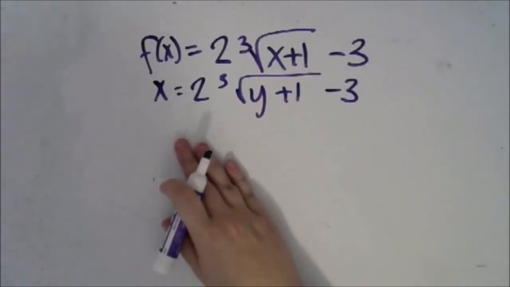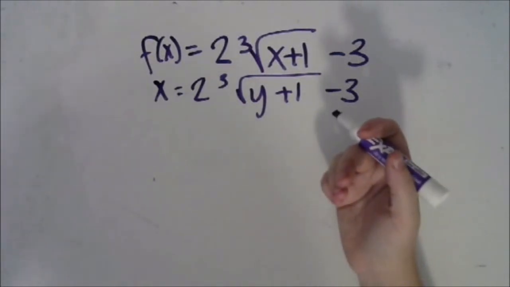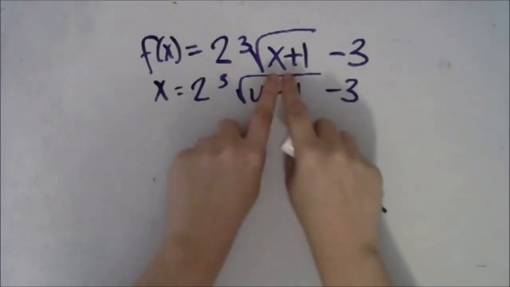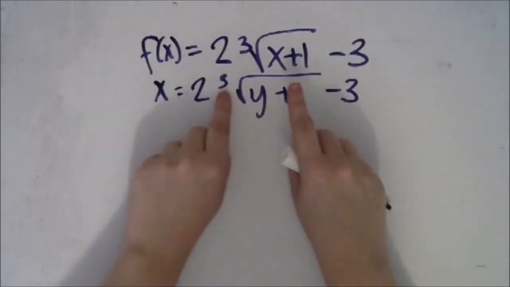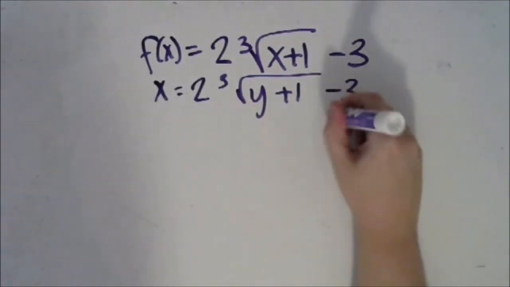And then we need to remove the outer layers, or the outer operations. So when we're solving an equation, we want to do the order of operations in reverse wherever possible. So the last things we'll do are the parentheses, the exponents, the multiplication. We'll start with the addition and subtraction.